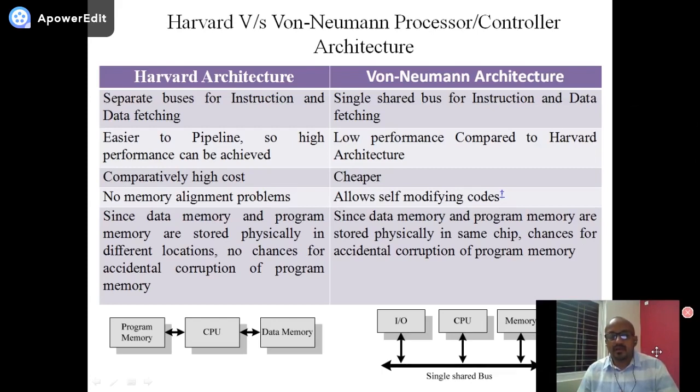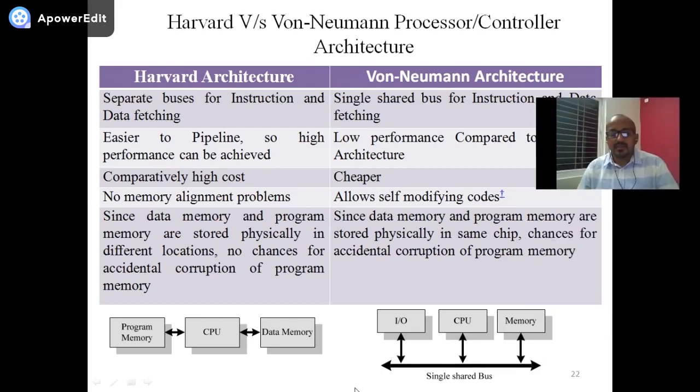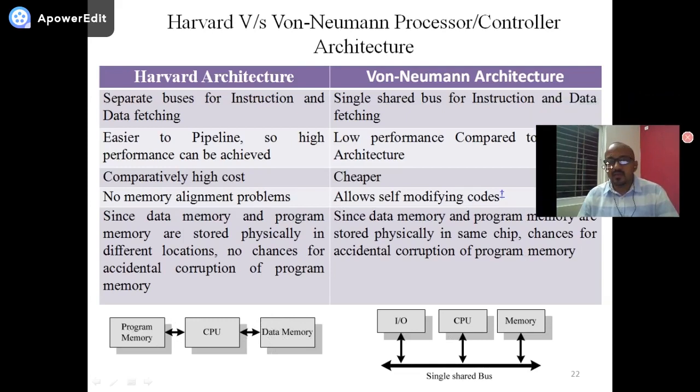The Harvard architecture suggests separate address and data buses for data memory and program memory. But von Neumann, sometimes referred to as the Princeton architecture, suggests only a single bus shared among IO, CPU and memory.